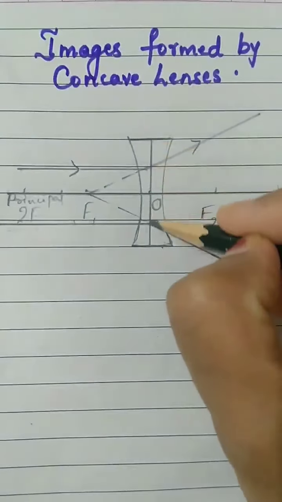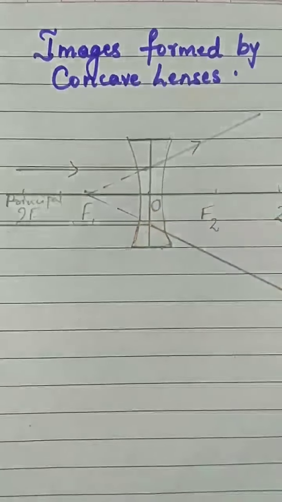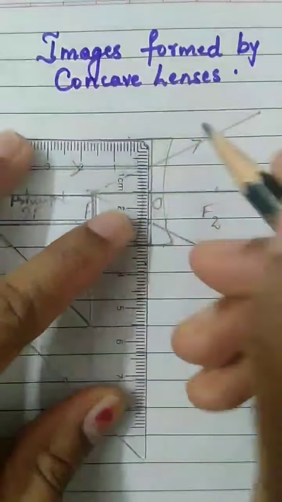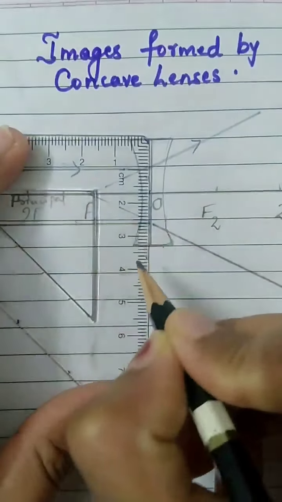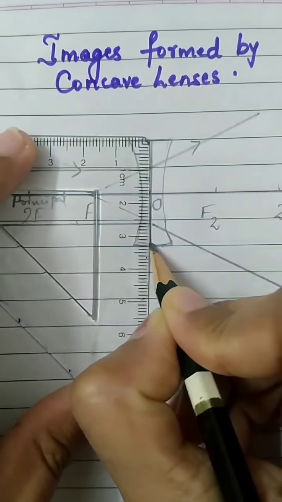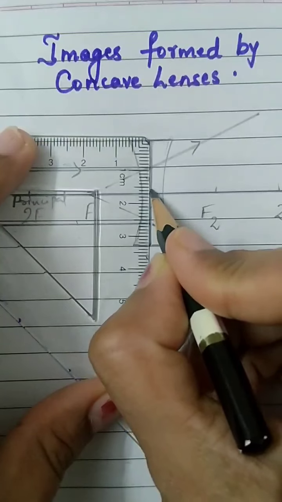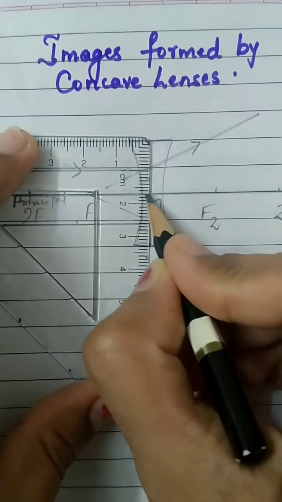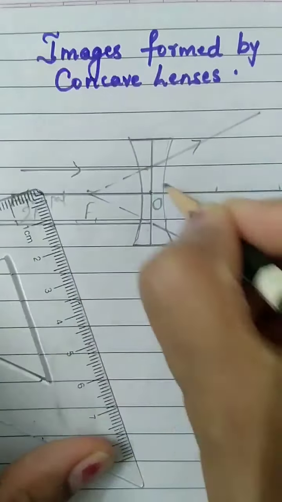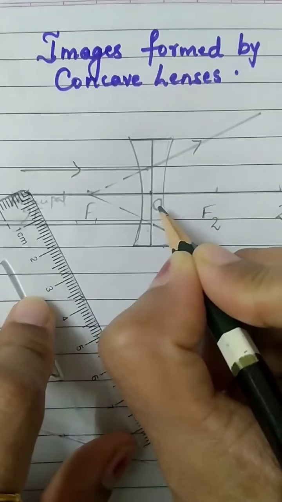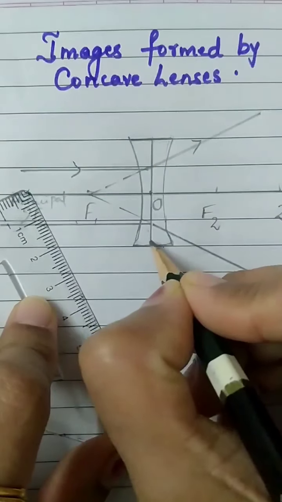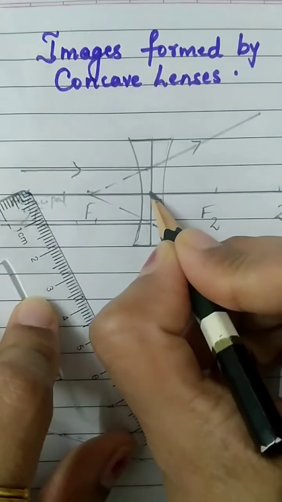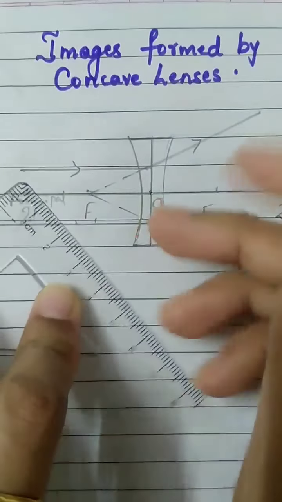First you will draw the concave lens, and now this concave lens was roughly of, let me measure the length, it was 3.4. So the midpoint will be 1.7. So see, I have taken 1.7 here, I have marked as optical center. Okay, so this whole thing is 3.4, its half is 1.7. Mark the optical center.